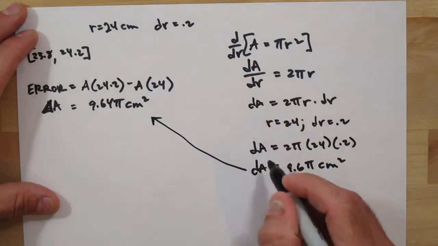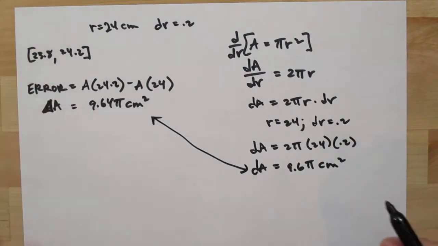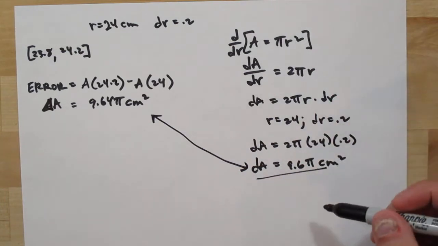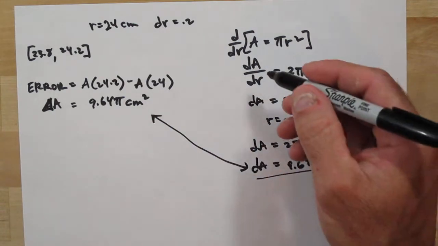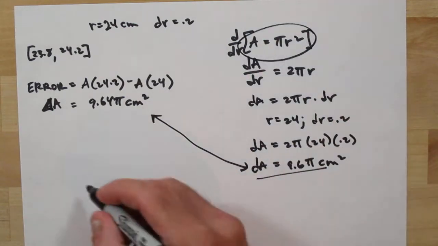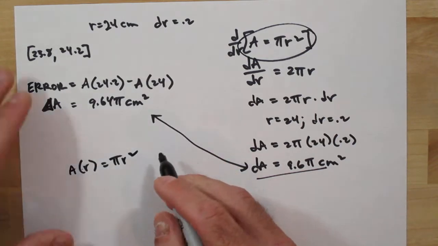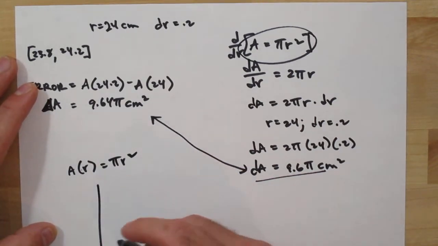Pretty close, right? Obviously, our calculus version of the error using differentials is an underestimate. That tells me the function is concave up. And if you look at the area function, A with respect to r being equal to pi r squared, that's just a quadratic. It looks like that, concave up.